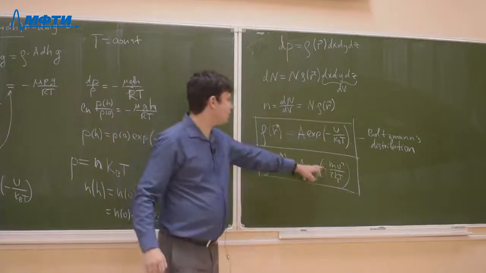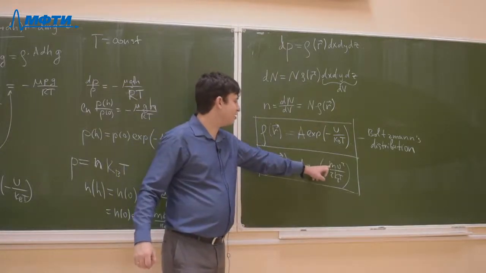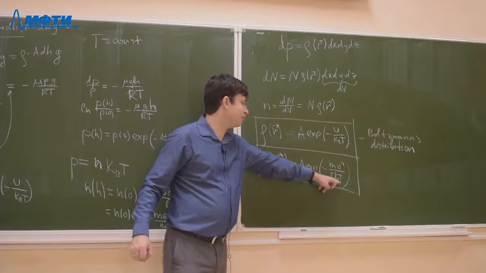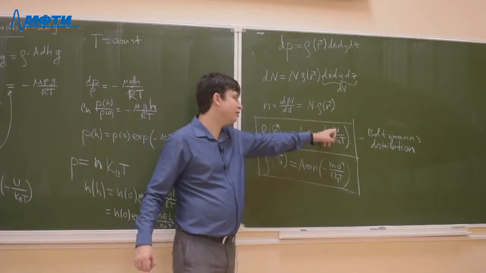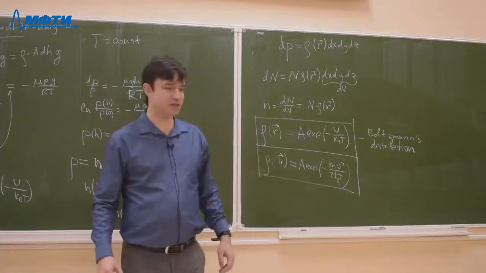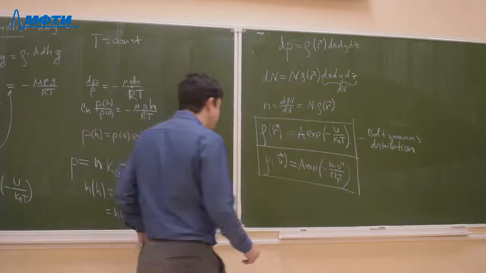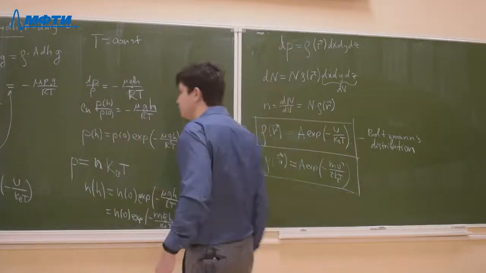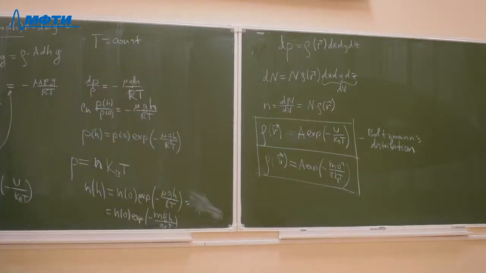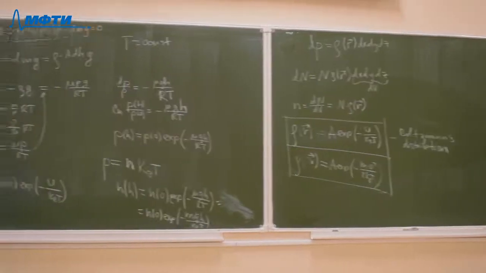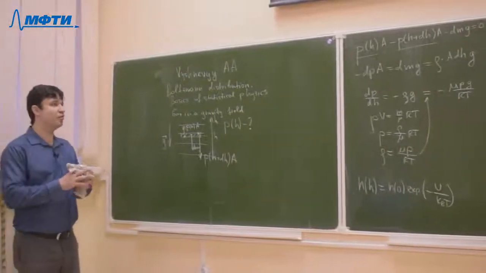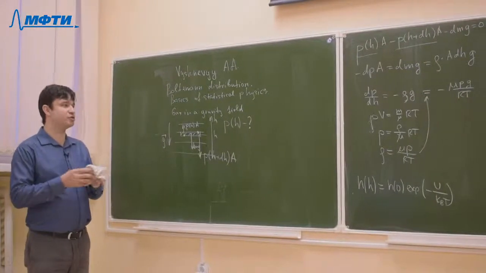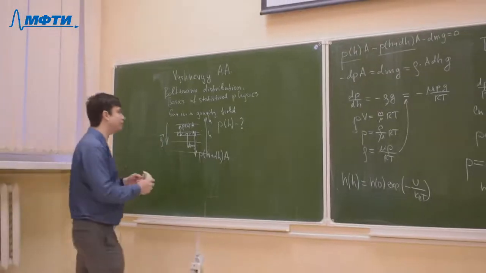Here again we have a fraction of kinetic energy to thermal energy kBT. Here we have a fraction of potential energy to thermal energy kBT. It turns out that both of these probability distributions are part of some greater, more general probability distribution which is called Gibbs distribution.